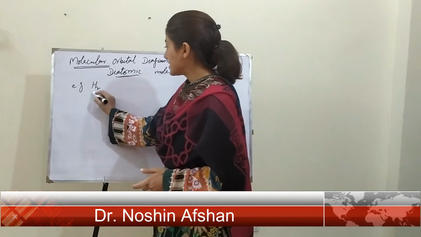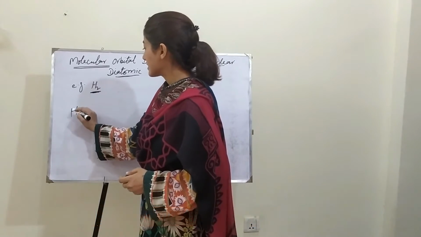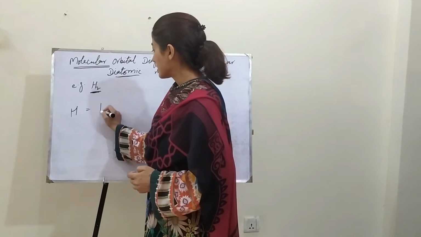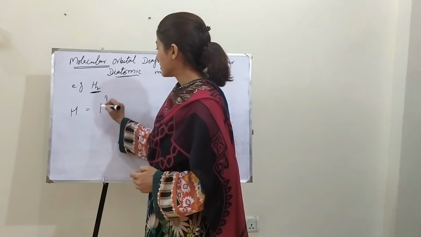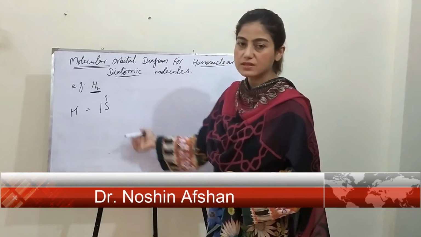So first of all, we discuss the case of hydrogen molecule. First of all, we write down its electronic configuration. As its atomic number is 1, that is 1s1. So that means only one electron resides in the 1s orbital.